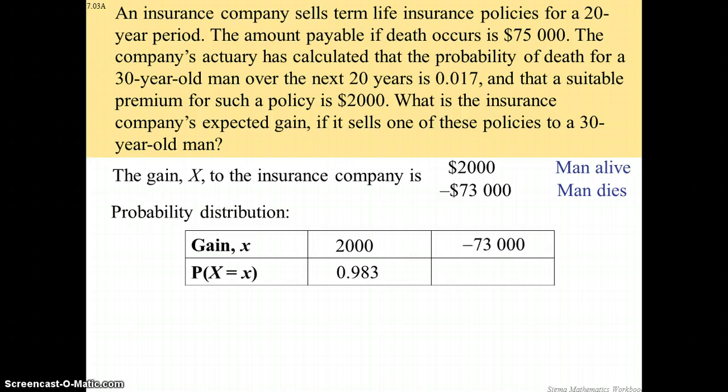And the probability is 0.017. The other thing you'll get used to about these tables is that probabilities always have to add to 1. And that's a really important concept too, because you have to have all the possible outcomes here. There can't be anything missing. The probability of one of these outcomes happening is 100%, or 1.